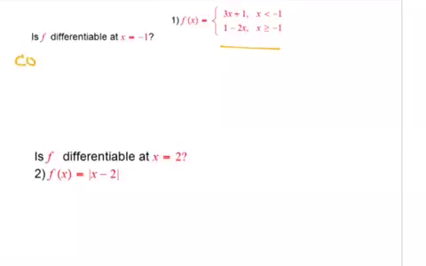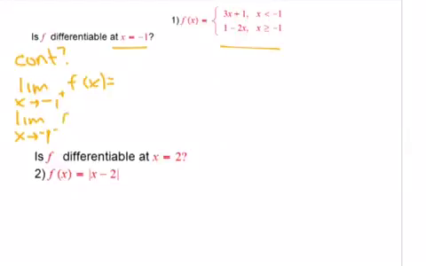The first thing I need to know, is it continuous at x equals negative 1? So I'm going to check the limit as x approaches negative 1 from the right, the limit as x approaches negative 1 from the left, and I need to check the function evaluated at negative 1. Evaluated at negative 1, I get 3.